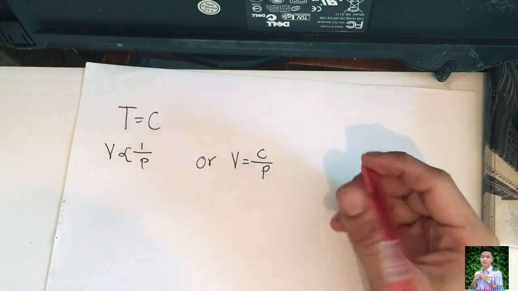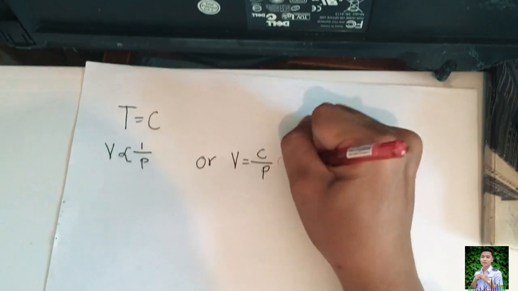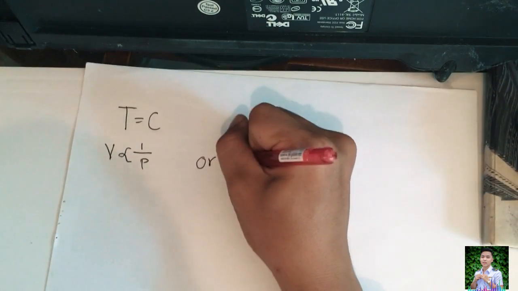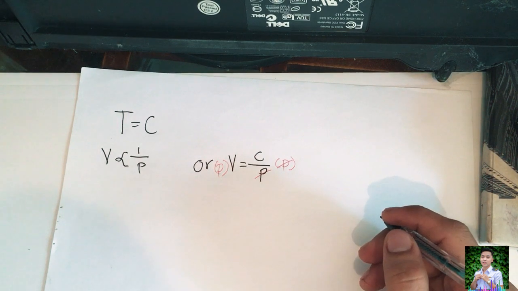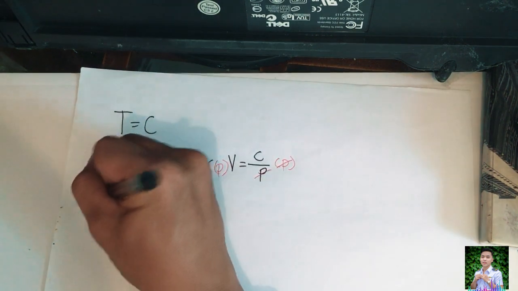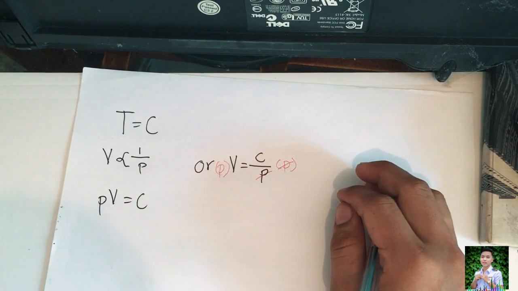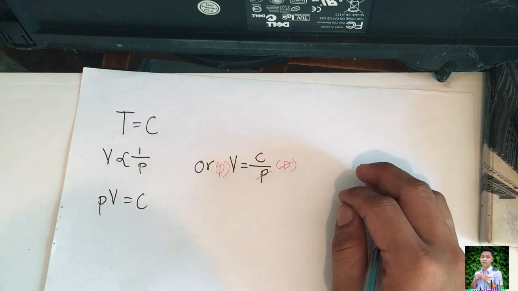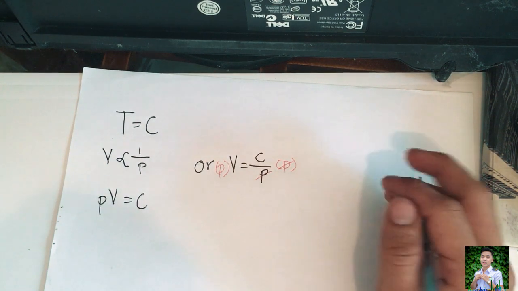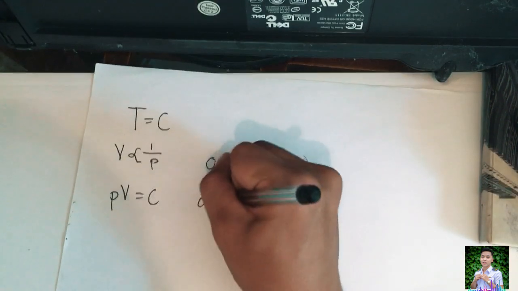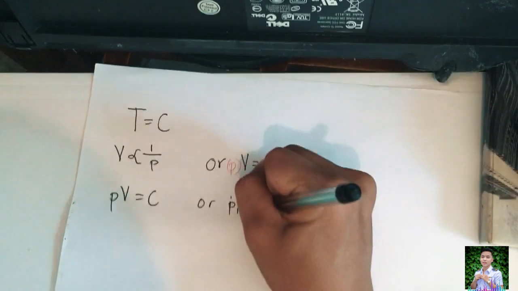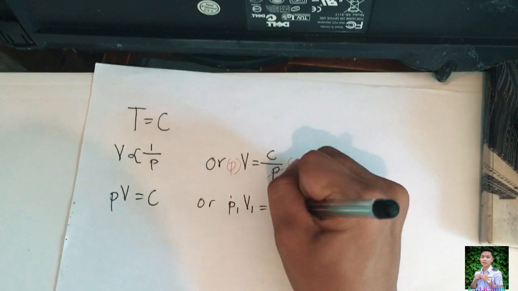Then, by multiplying both sides with pressure, we can come up to an equation which is the pressure times volume is equal to constant, or PV is equal to C. Or if the properties of gas are changing, we use pressure 1 times volume 1 is equal to pressure 2 times volume 2, or P1 V1 equals P2 V2.